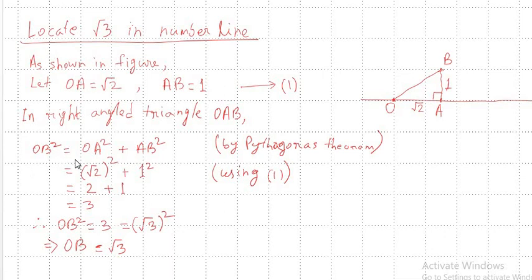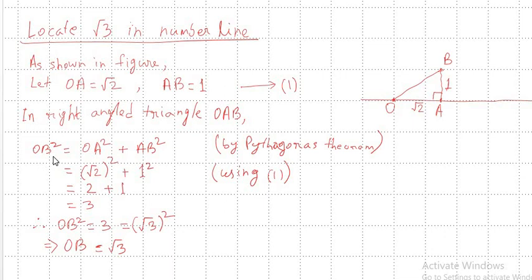We learned in Pythagoras theorem that the square of the hypotenuse equals the sum of the squares of the other two sides. So here it is OB square equals OA square plus AB square. This we wrote based on Pythagoras theorem.